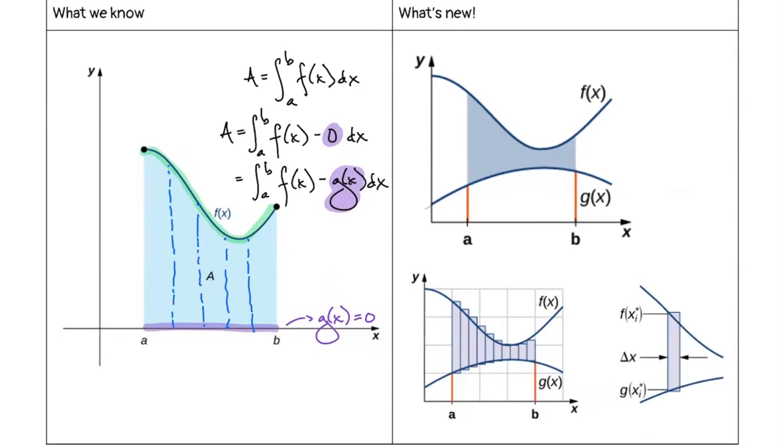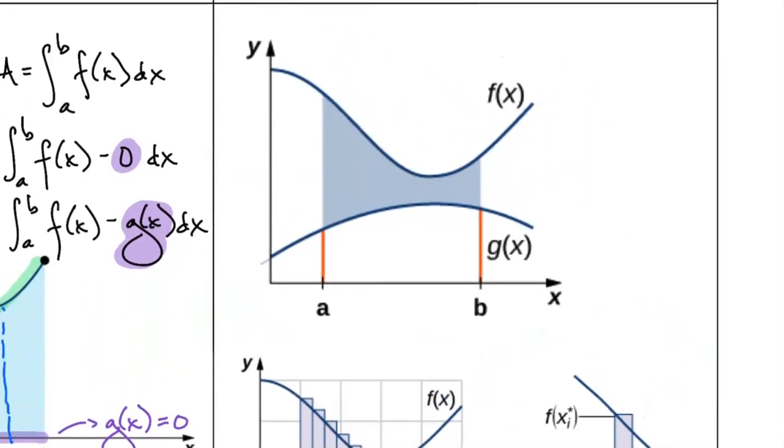And so if we move over to the what's new picture, you can see that in this first picture, we've still got an f of x, and we now have this g of x, and this g of x is not on the x-axis.